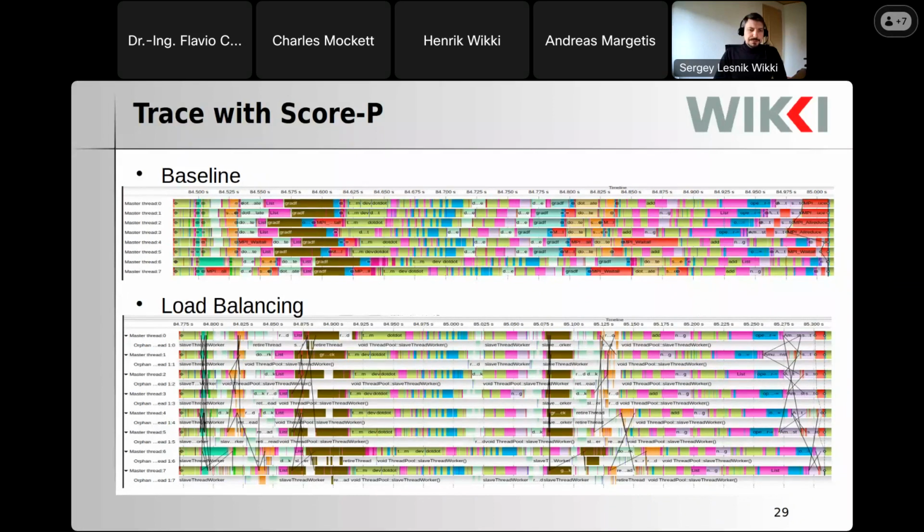And so what you notice, for example, if you look at the right-hand side, is that the MPI wait time is quite reduced. It was pretty big on the left-hand side. It's hard to compare those plots because they are different realizations. Depending on how the machine runs, they're never the same.